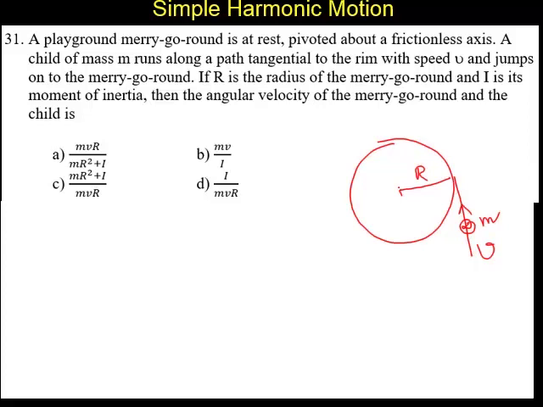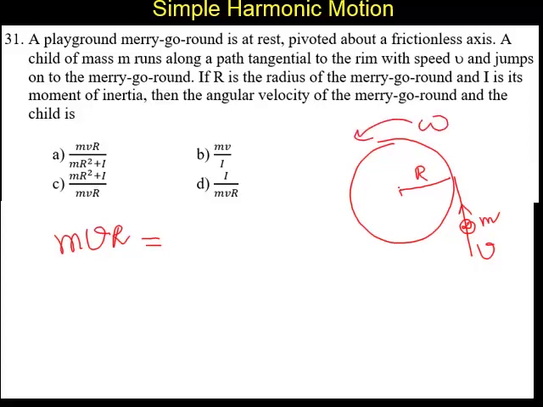So, using conservation of angular momentum, we can say the net angular momentum before the kid jumps onto the merry-go-round is m v r. So this is the angular momentum before the kid jumps on. After the jumping, the merry-go-round is moving with an angular velocity omega.